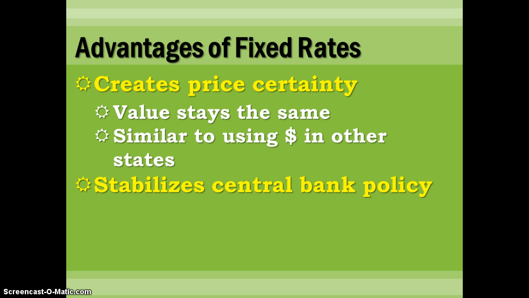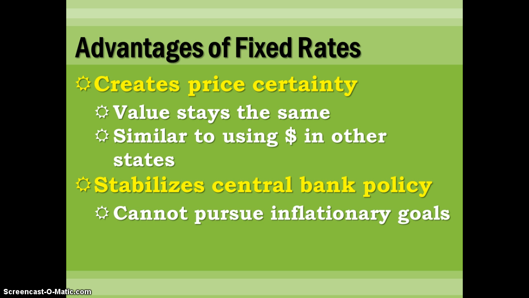It also helps to stabilize central bank policy. The central bank is essentially limited in how it can pursue macroeconomic goals. They cannot pursue a policy of inflationary spending in order to increase aggregate demand, because if they do that, at least in this case that we just talked about, that would lower the price of the hawk, and it would be self-defeating.